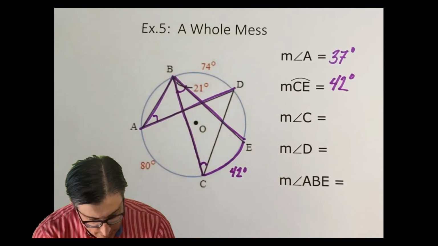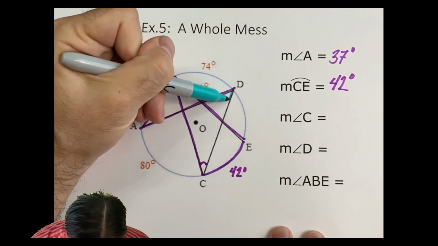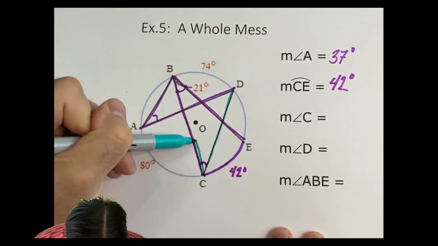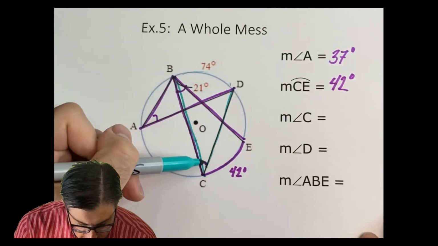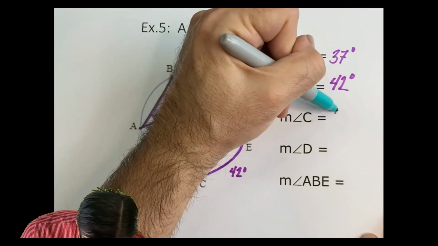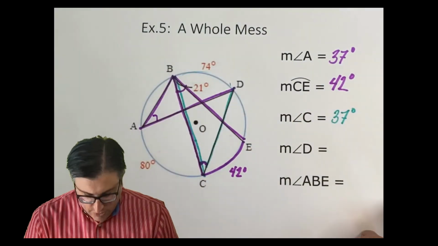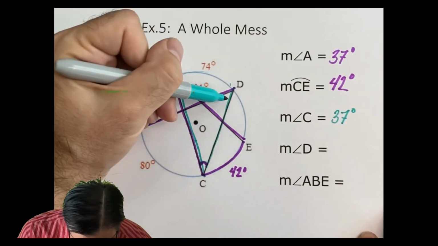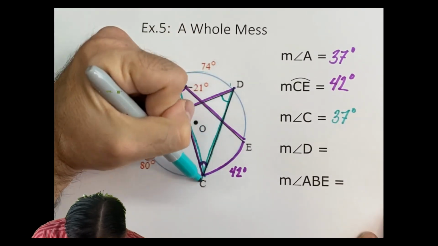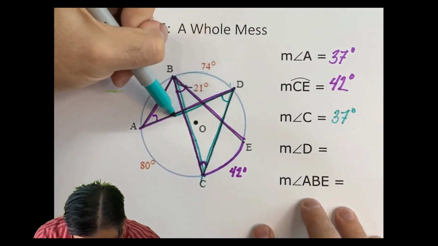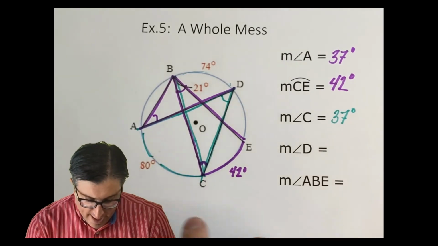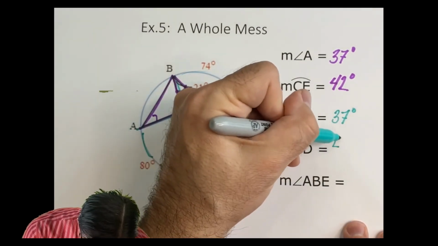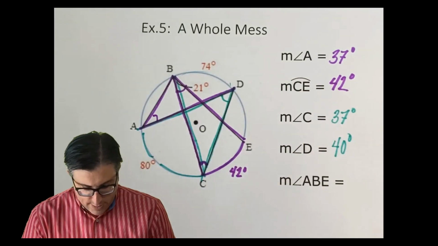Angle C makes the arc of 74 degrees when you trace it out. 74 degrees is going to be double the angle, so half of 74 is 37 degrees. Angle D goes out towards C and goes out towards A and makes an 80-degree arc. Half of 80 degrees is 40 degrees.